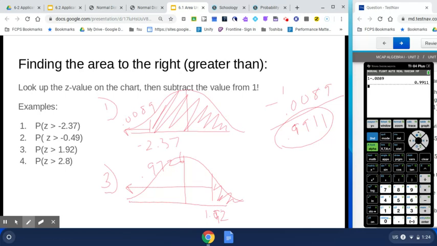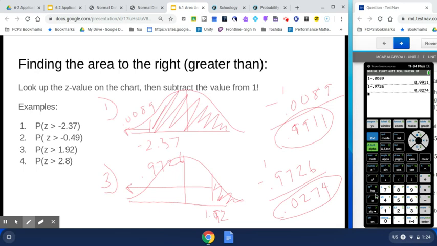So to find the area that we want, again, using complement rule, 1 minus the 0.9726 will give me that right tail region, or the probability that z is greater than 1.92. Okay, and I get 0.0274 as that probability.